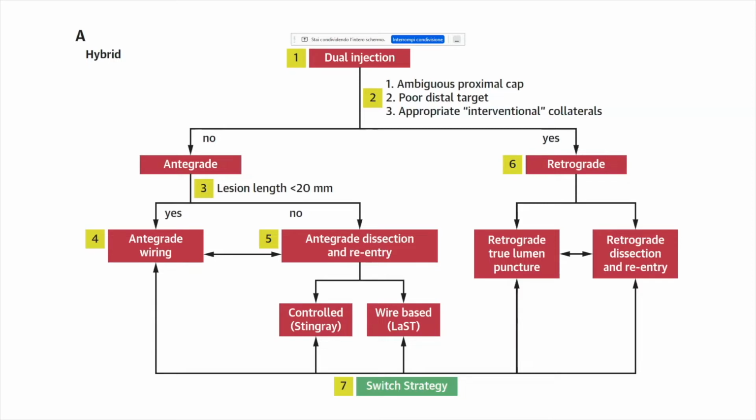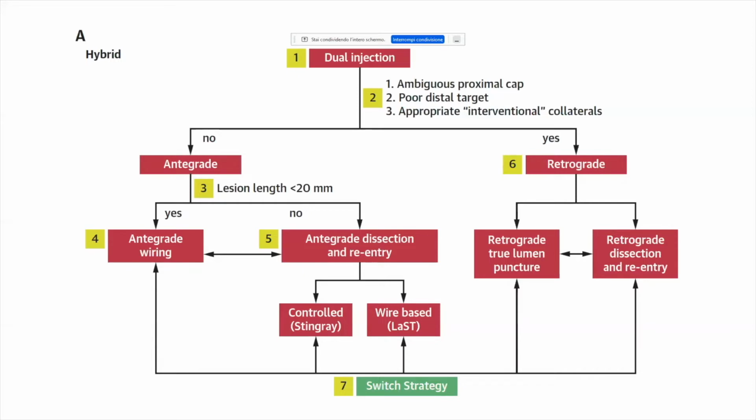Second, we have to look at the distal target of the vessel just beyond the distal cap in order to assess the presence of diffuse disease or the presence of major branches close to the distal cap. And third, we have to look at the interventional collaterals, if they are appropriate to negotiate with the devices and perform a retrograde approach.